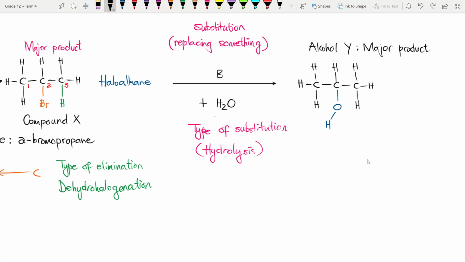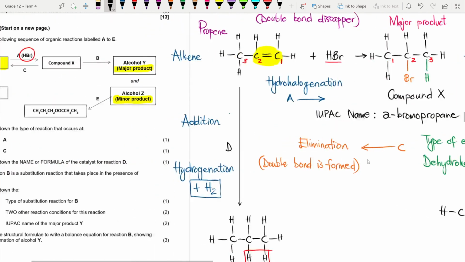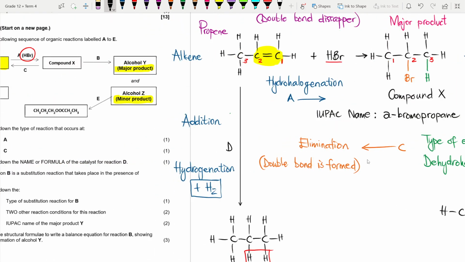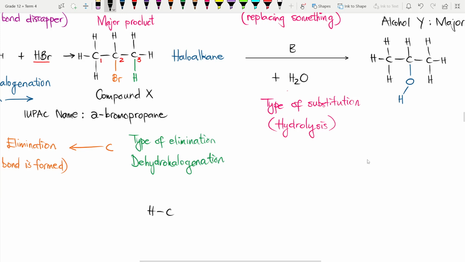Remember our minor product for compound X. This will help us identify the alcohol Z minor product.